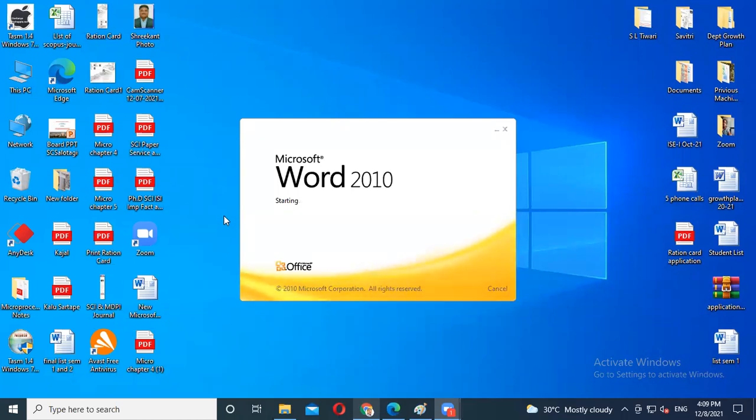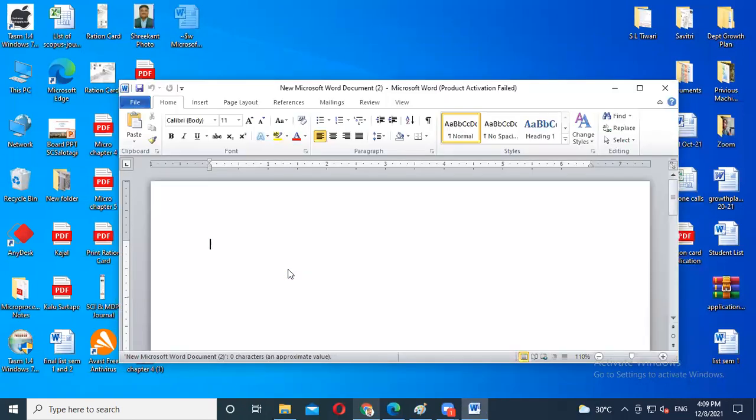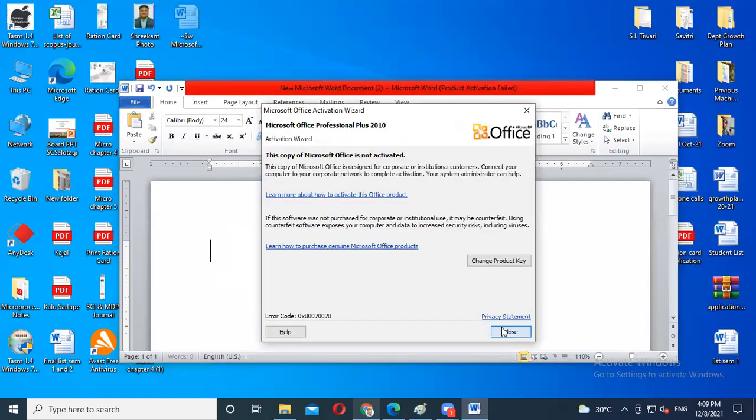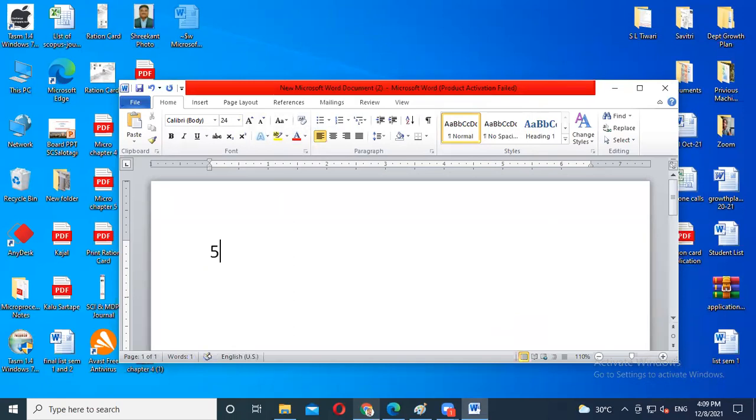That is n factorial. For example, can you tell me what is the 5 factorial value? Here, for example, there is a number 5.